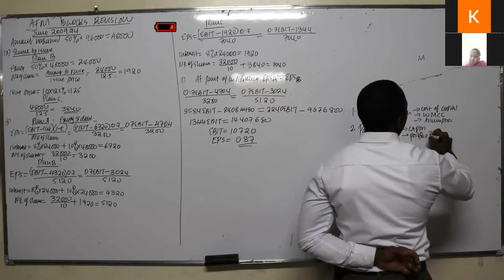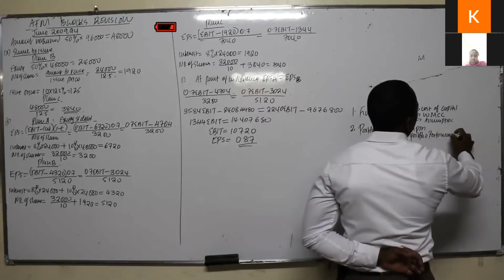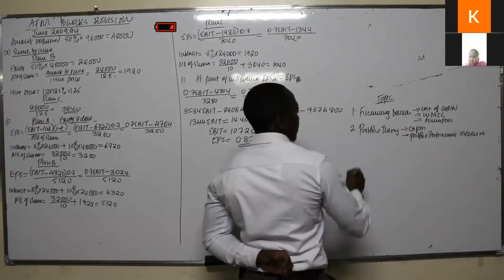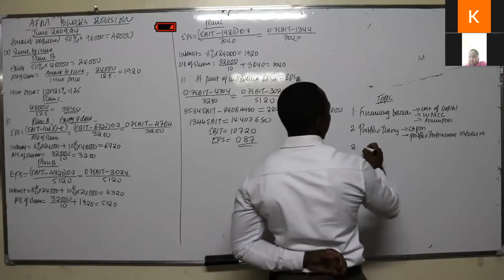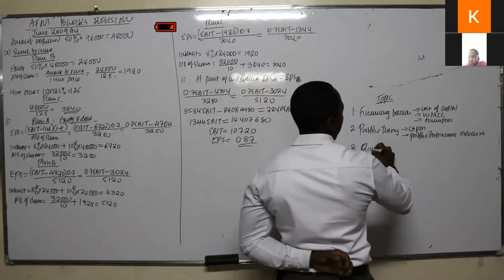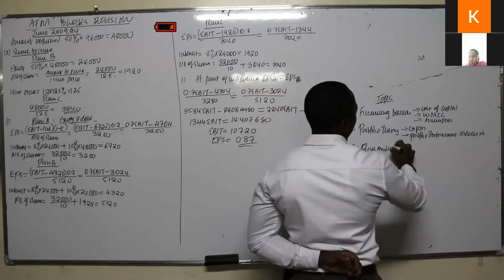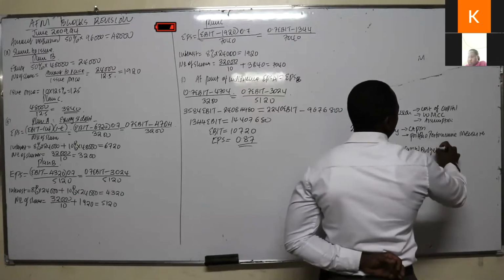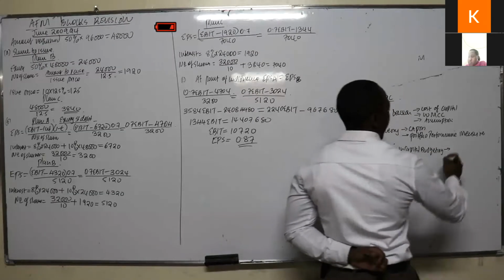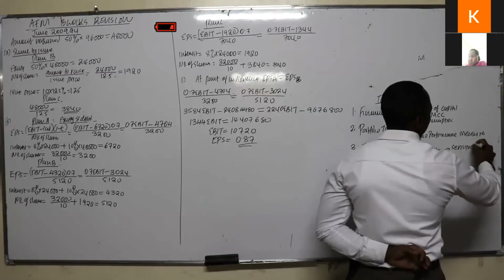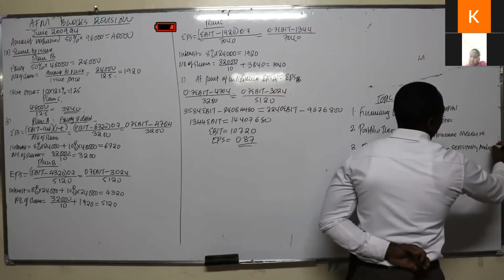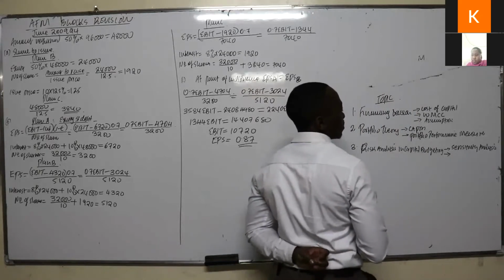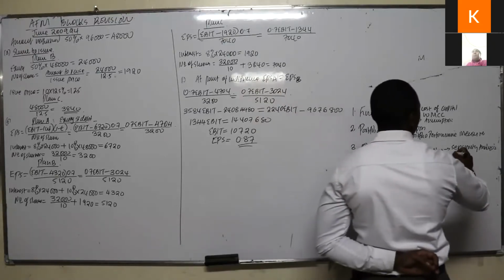Portfolio performance measures. That's Treynor's, Jensen's. Number three, risk analysis in capital budgeting, sensitivity analysis, simulation.